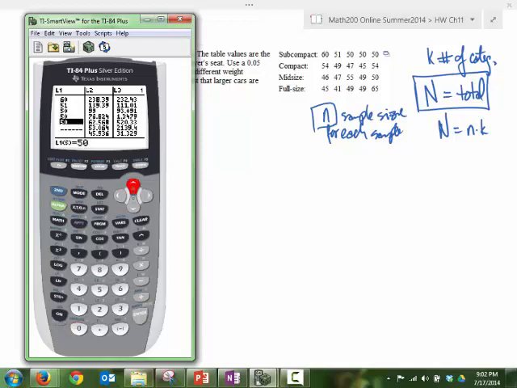So those are my 5 numbers for the subcompact. And now I'm going to go to L2 and clear that list and put in my compact data. So we just run along and do the same thing, mid-size now.